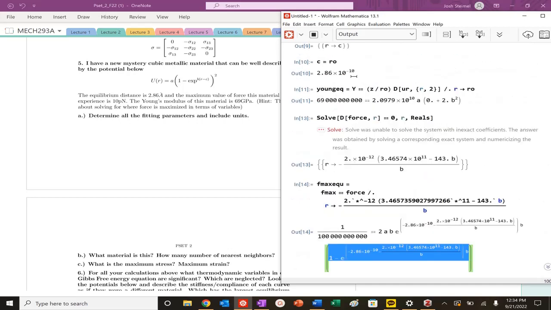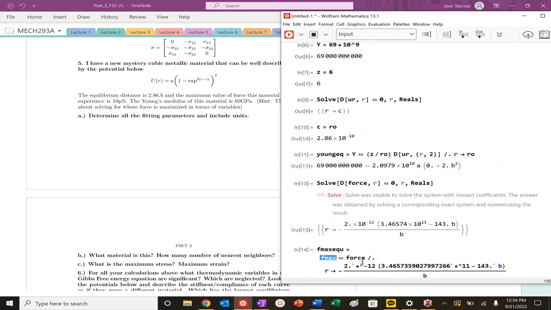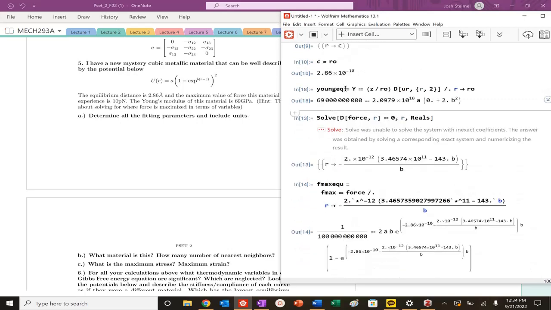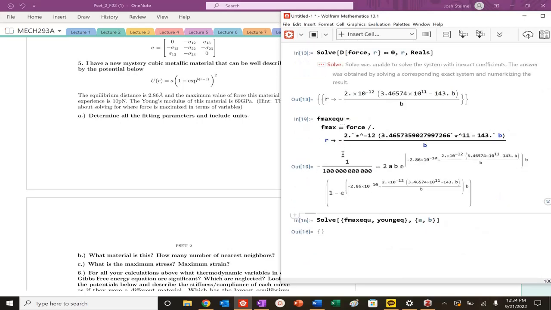One of the things we have to think about also is that this is our force max, our value of force, which we're given in this problem, but that's the force that the material experiences. This is the force in between my particles. So I need to flip the sign of this F max. So I could do that. Still have my Young equation, still have my F max equation.